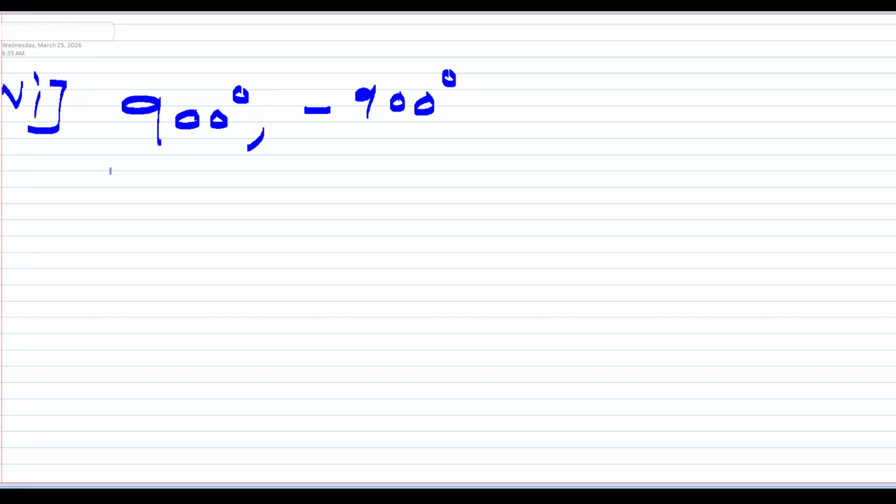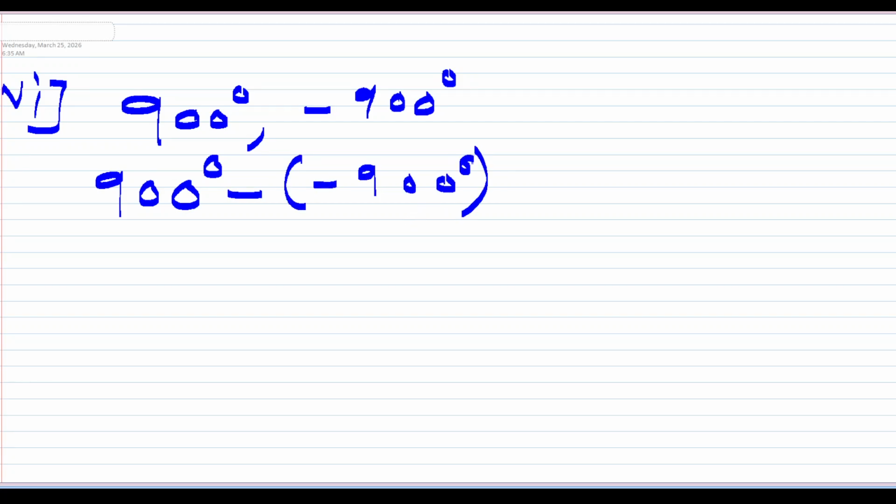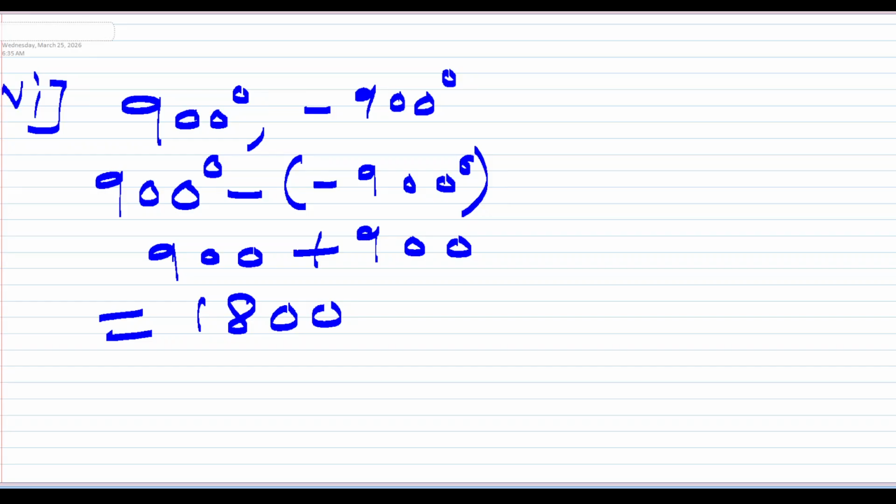You have to subtract the smaller angle from the bigger angle. So this will not become 0. 900 minus into minus 900 degree, so this will be 900 plus 900. 9 twos are 18, so it will become 1800 degrees, which is a multiple of 360.